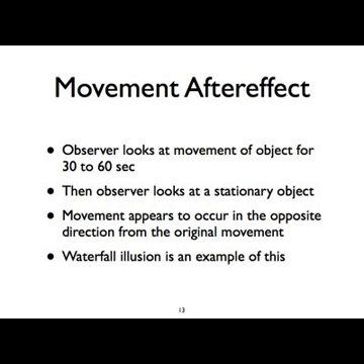You've got motion-sensitive neurons, and they're set up in opponent processes. So if you fatigue the motion-sensitive neurons that are sensitive to motion in this direction, then when you take that motion away, the opponent process is going to take over, and you're going to perceive motion in the opposite direction. So let me show you an example.